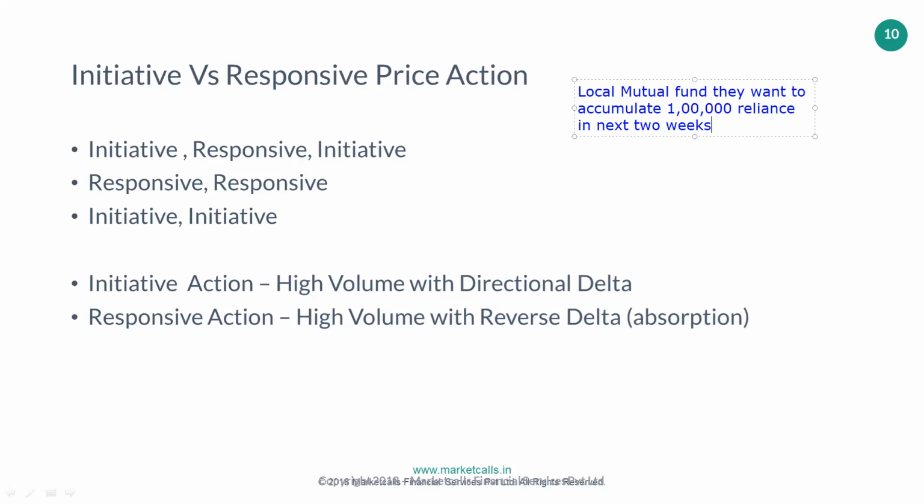Without impacting the market much, he has to go and accumulate slowly and steadily in the markets. Otherwise, if you punch in 1 lakh Reliance in one shot, that might impact the market hugely. Probably that could move Reliance by 5% or 10%. So they don't want to move it, even though they have the potential to move the markets. But if you move the markets, that also increases your buying cost.